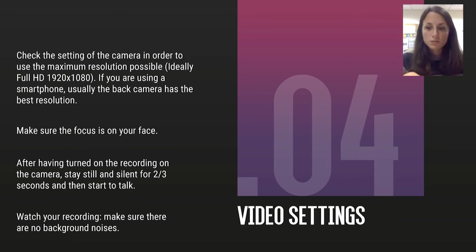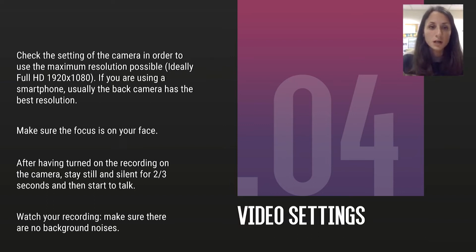And then just some tips about the video settings. Of course, the video settings are linked to your device. So what we can do is set the camera with the maximum resolution possible of your device.